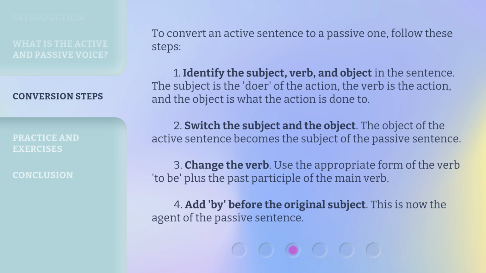The object of the active sentence becomes the subject of the passive sentence. 3. Change the verb. Use the appropriate form of the verb to be, plus the past participle of the main verb. 4. Add by before the original subject. This is now the agent of the passive sentence.